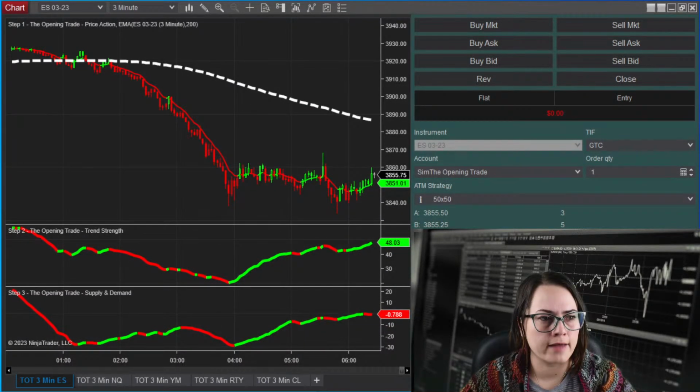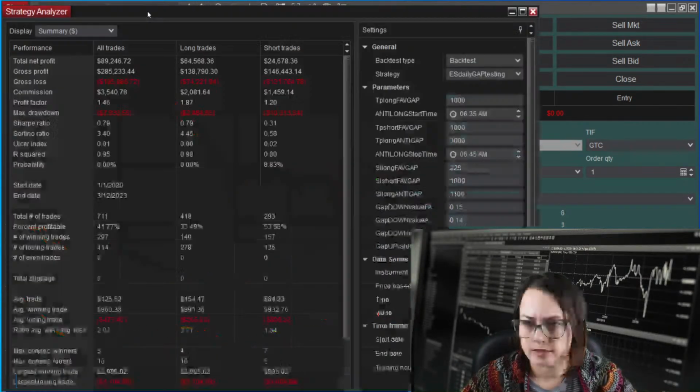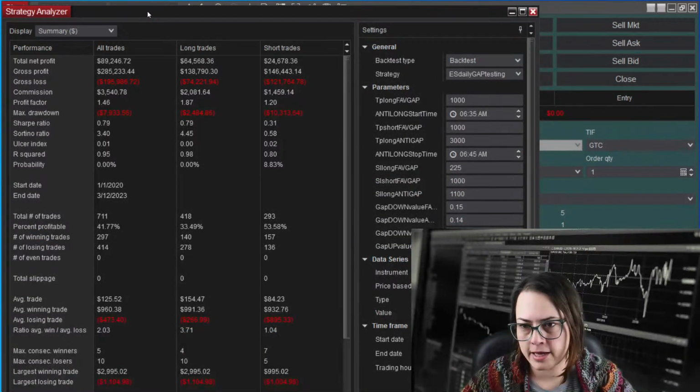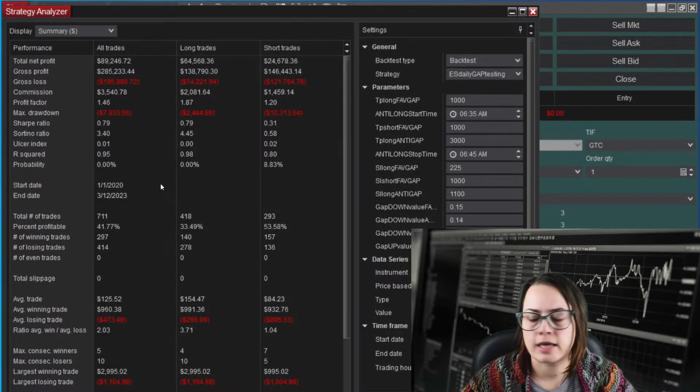Now let's take a look at the back test for the last one. All right. The last automated trade we could potentially see here, as long as the parameters are met again, is for the S&P 500.